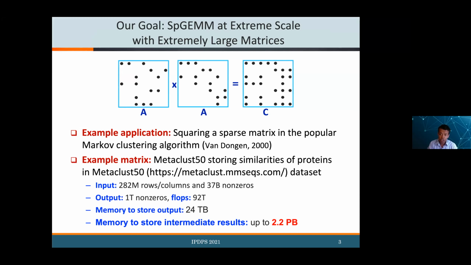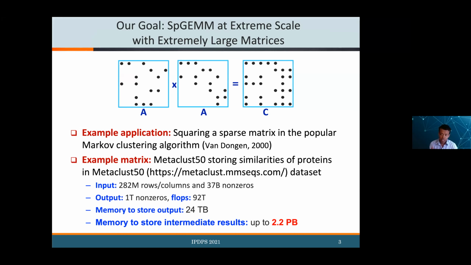Now, if we square this matrix, the output, that means A times A, will have 1 trillion non-zeros. And the number of floating point operations that we have to perform to compute this is 92 trillion. If we store this output in memory, we'll need about 24 terabytes of memory.